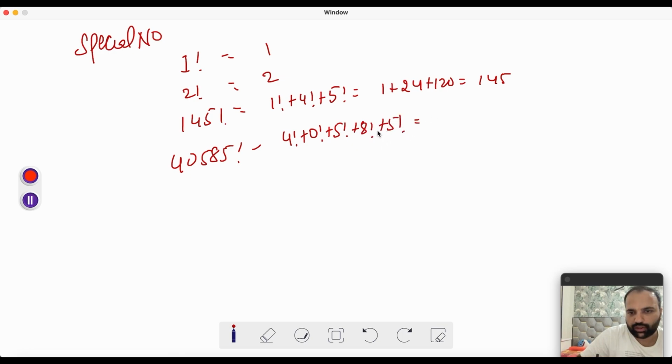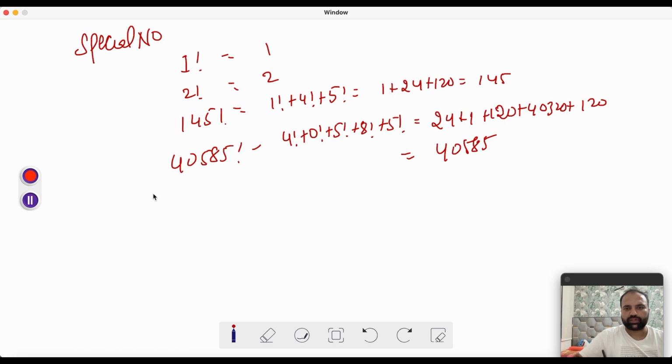If we do it, it will be 40,585. So if you add it up, you are going to get 40,585. So these are special numbers, okay? And these are the only 4 special numbers that you have.